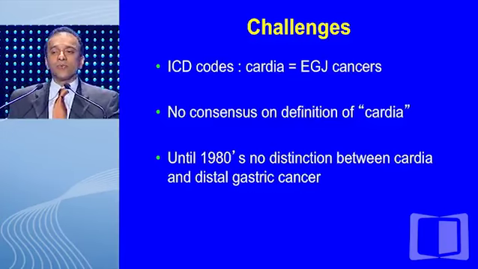And endoscopically, we do not have a good definition of what the gastric cardia is, and therefore the potential bias for misclassification of GE junction cancers always exists, whether it is a proximal stomach cancer or a gastroesophageal junction cancer. And if you go back in time, we really don't have good data before the 80s because a distinction between junction cancers and distal cancers of the stomach was not made.